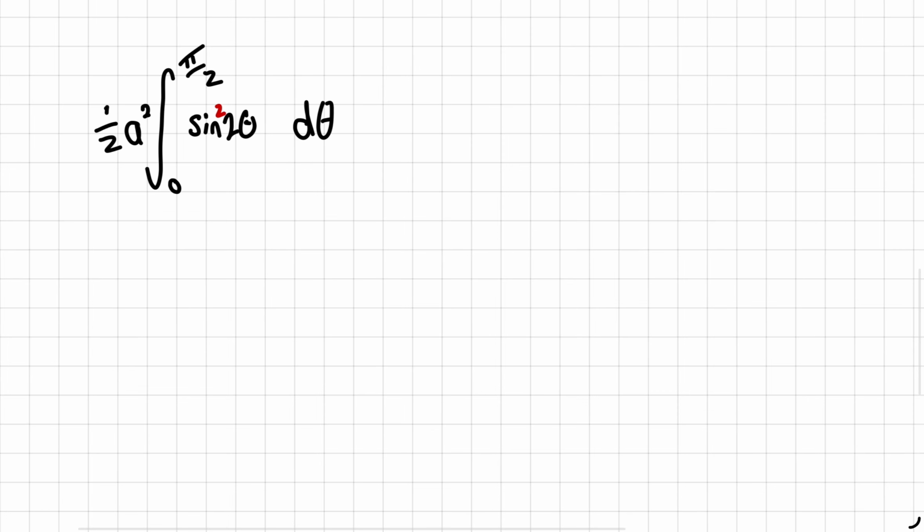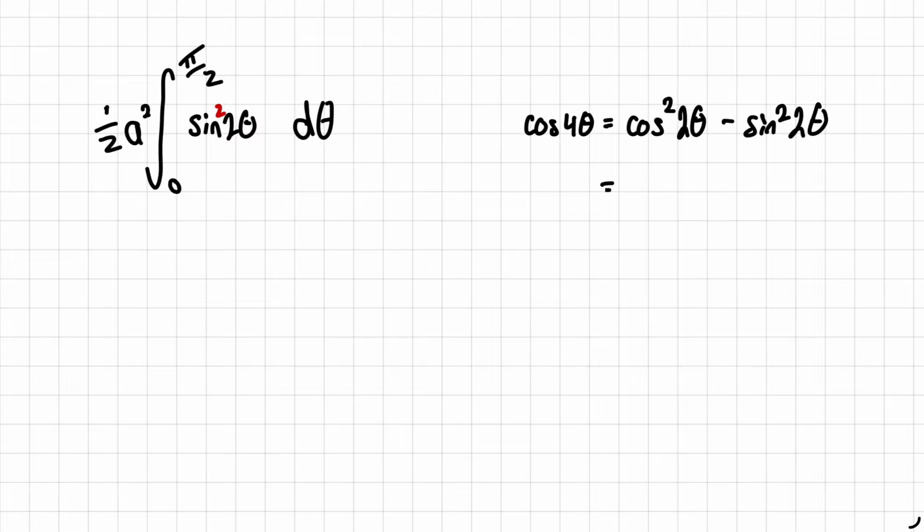Now that is a little bit tricky, but we need to remember that cos 4 theta is cos squared 2 theta minus sine squared 2 theta. Well, cos squared 2 theta is 1 minus sine squared 2 theta, minus, again, bring that sine squared 2 theta over.